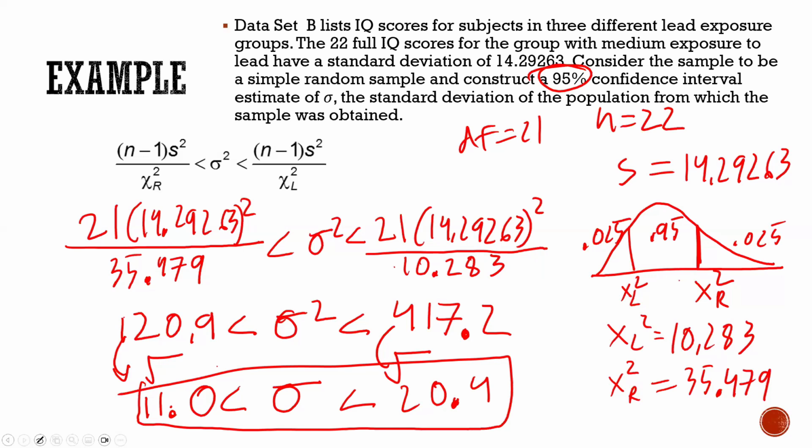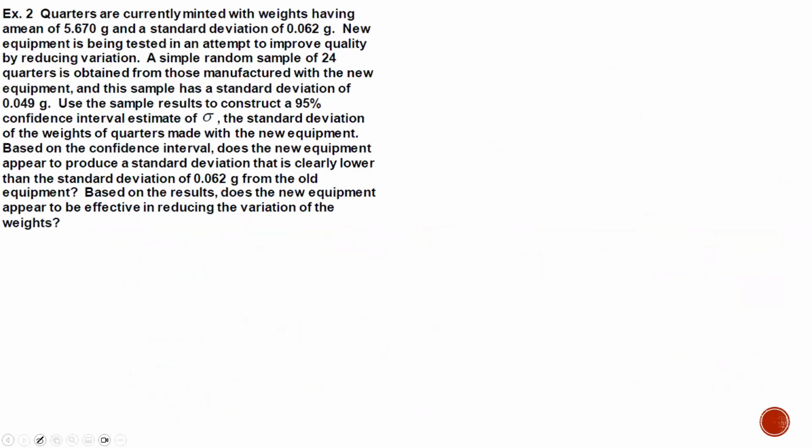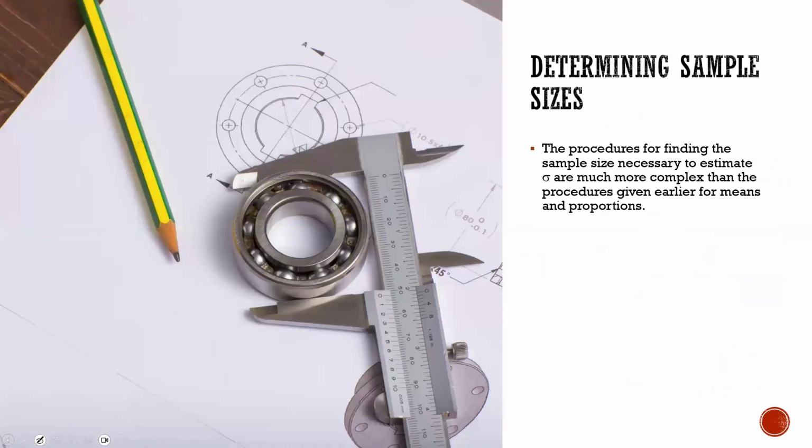Now, since this is more complicated, calculating the needed sample size will be more complicated. In fact, it's so complicated and complex that, guess what, you're going to be happy about what I'm going to say.